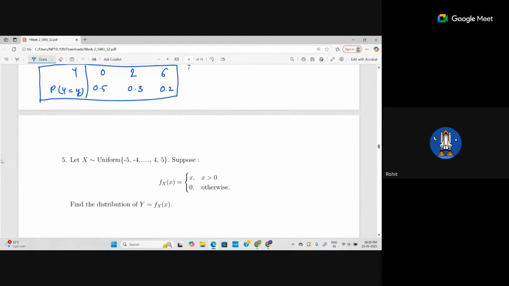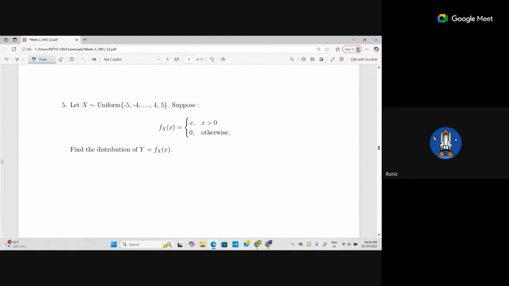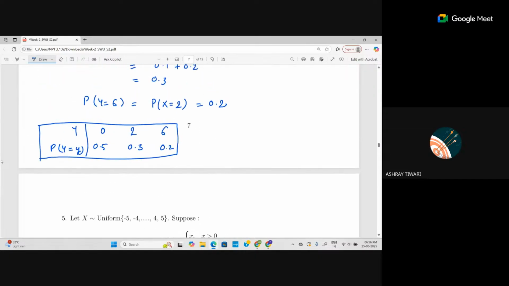Okay, now this is the next question based on the same topic. Ma'am, can we say that any function from a random variable to a real number is also a random variable?